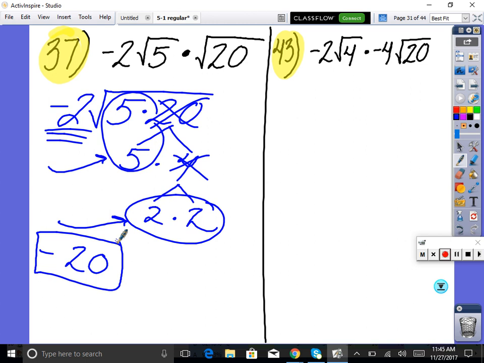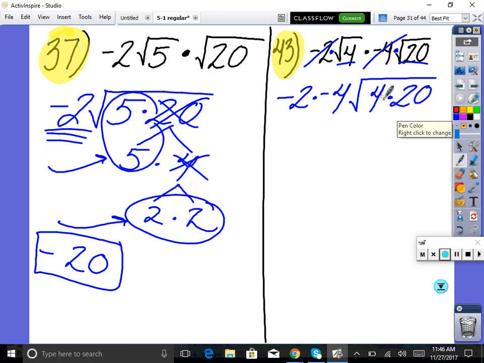Okay, let's look at 43. Looking at this, isn't this just all multiplication? Then we can reorder it, can't we? Negative 2 times negative 4 times root. Can't I put these under the same root? Yeah, because they're both under square roots, so 4 times 20.